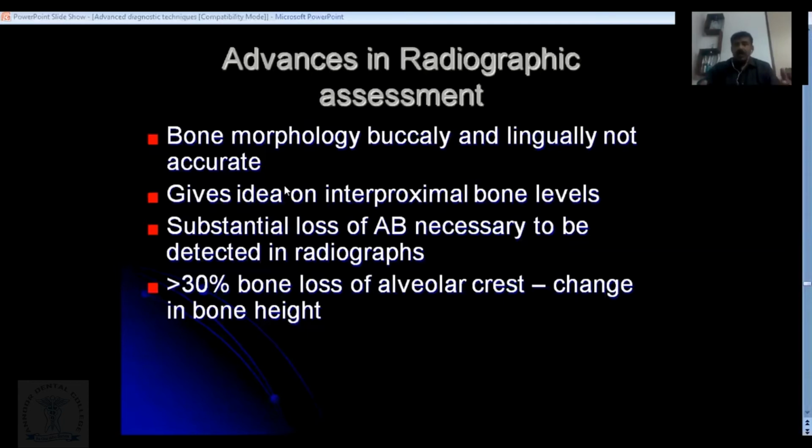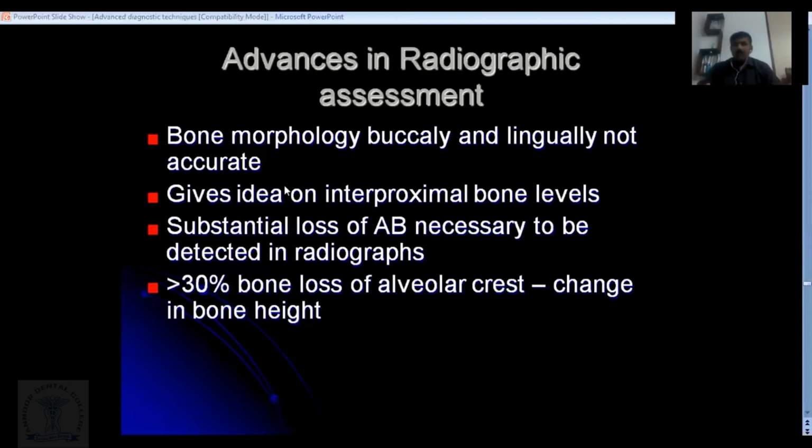That is why whenever we see some bone loss, and when you open up the flap, the bone loss will actually be much more than what you see in the radiograph. Only when 30% bone loss occurs is it detected in the radiograph. So in the early stages of alveolar bone loss, you may not be able to see it in the radiograph. So you have to overcome all these.